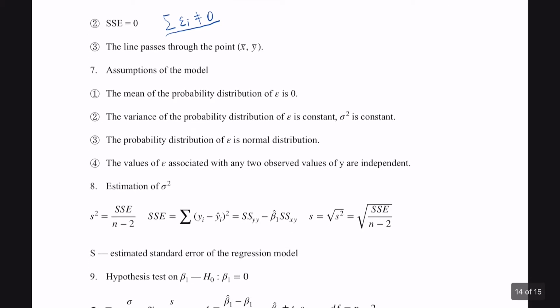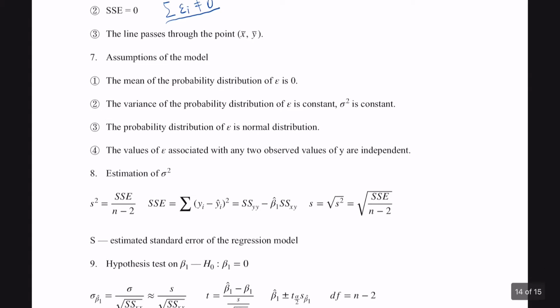Since we mentioned the variance of epsilon, we'll see how to calculate it. And this is the formula of how to calculate the variance. Again, here we are using S. The sigma represents the population standard deviation. S represents the sample standard deviation.